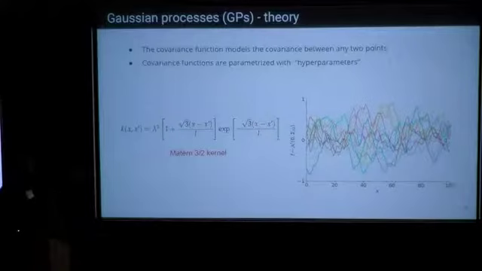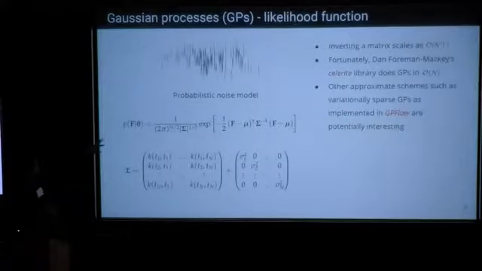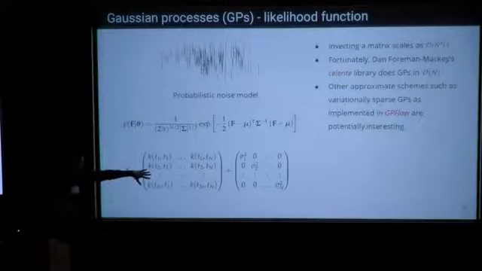Okay, so how does this relate to our likelihood? I told you the GP is basically a multivariate Gaussian. Our likelihood is also a multivariate Gaussian, right? So same thing we had before, but now we don't assume that the covariance matrix is diagonal, but rather we add this additional covariance matrix, which is generated by this kernel function.